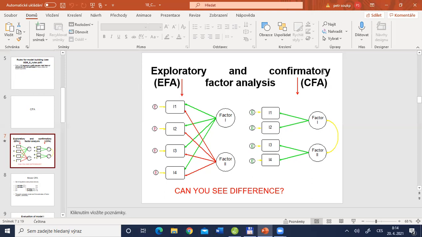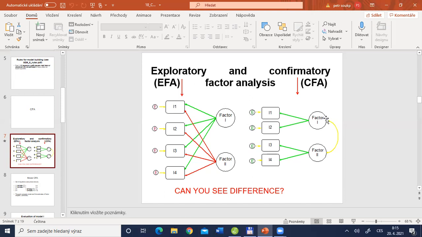For confirmatory factor analysis, I'm in the second stage of my research. Maybe somebody else, or maybe I, studied this phenomenon in previous research, and I set up the hypothesis that the first 2 items are creating the first factor, and the third and fourth items are creating the second factor.